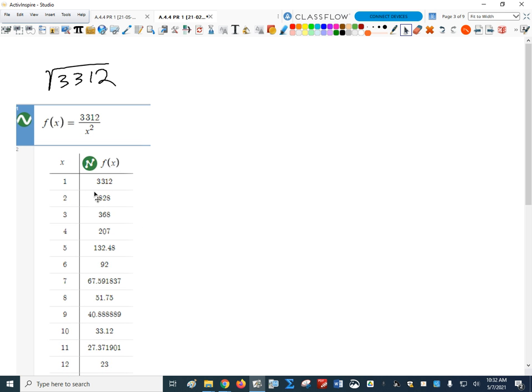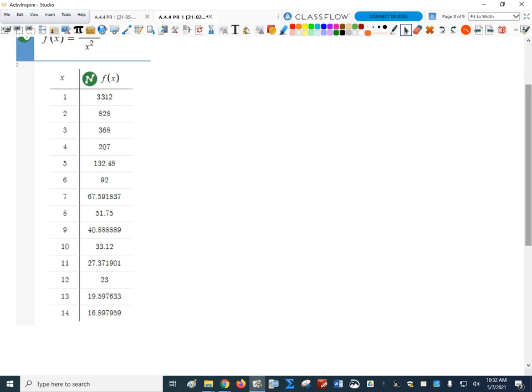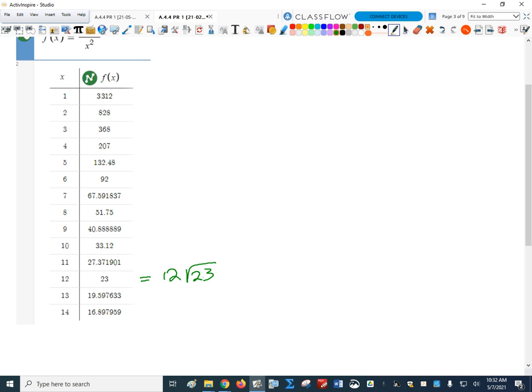So if we just look at our table here, we can see that this is the last row we need to look at because 23 has no couples, right? So there we go. We can see that this is equal to 12 times the square root of 23. Okay, good stuff. I think we got it. That's not all you've got to do on the test.